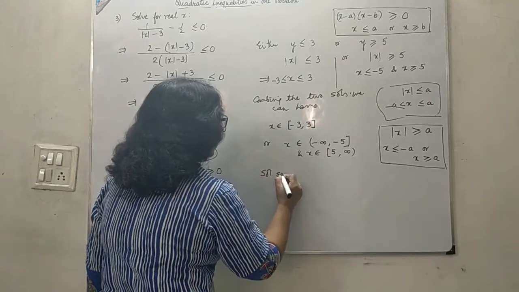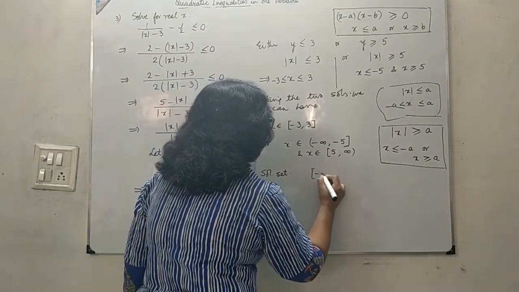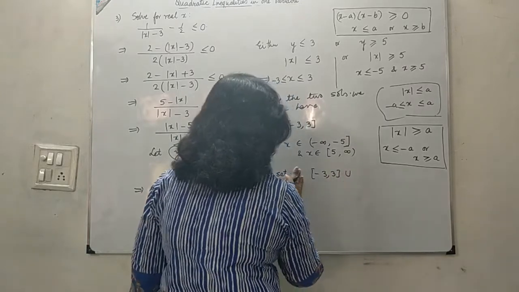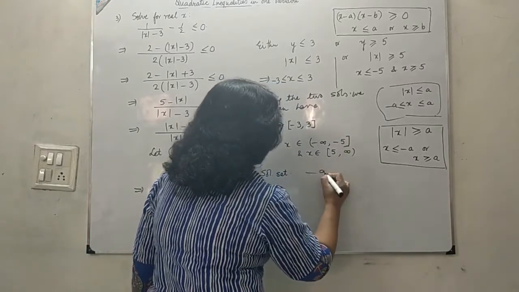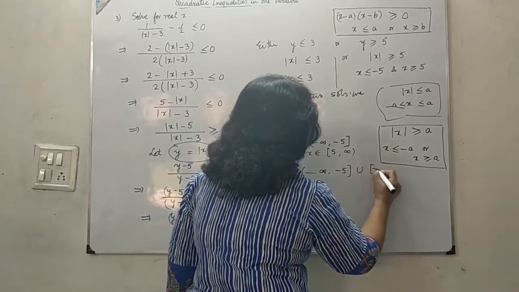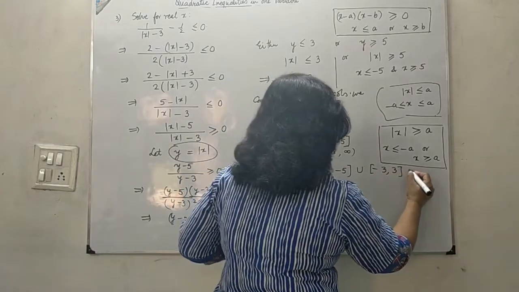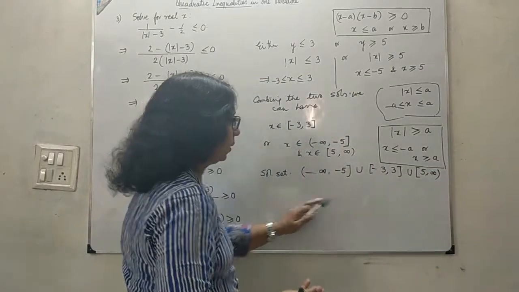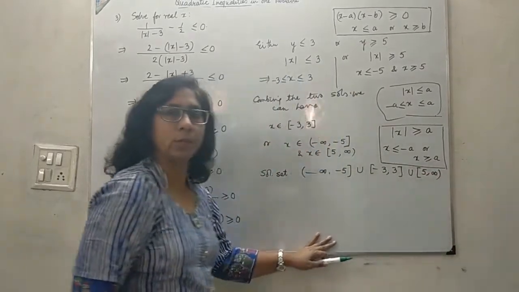Therefore, the solution set becomes -3 to 3 union, in order I must write, (-infinity, -5] union (-3, 3) union [5, infinity). You can draw the graph for this solution set also. Thank you.